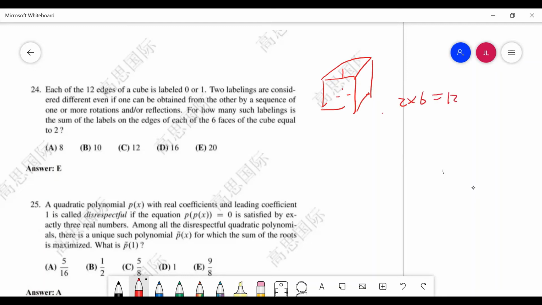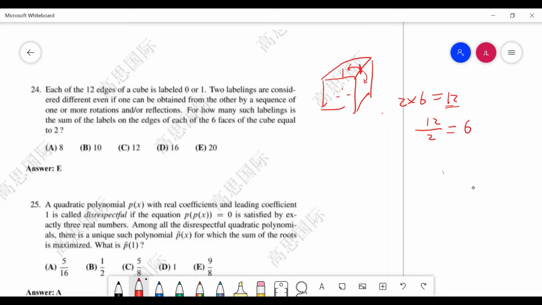But actually each edge is counted by 2 faces. For example, if I add 1 here, this number is counted in this face and also in this face. So that is double counting, so we divide 12 by 2, which equals 6.